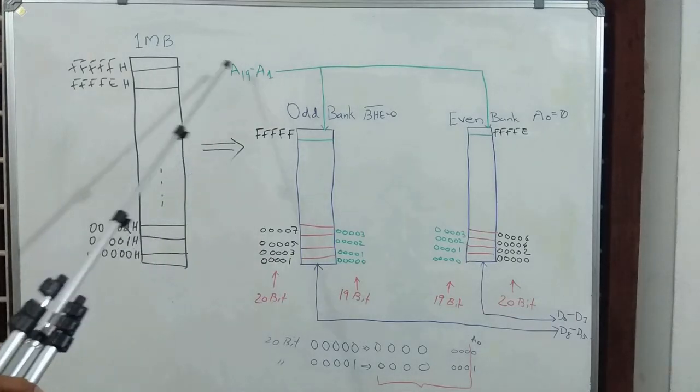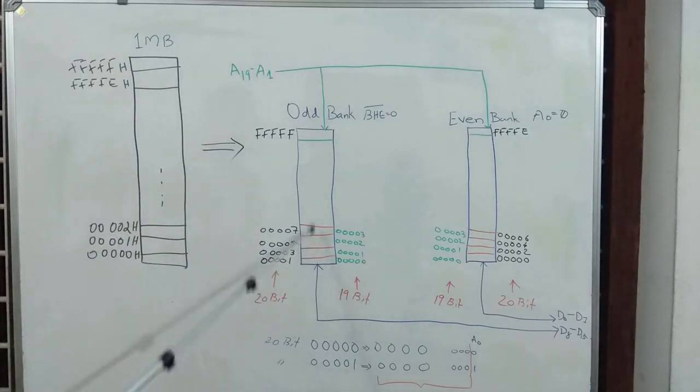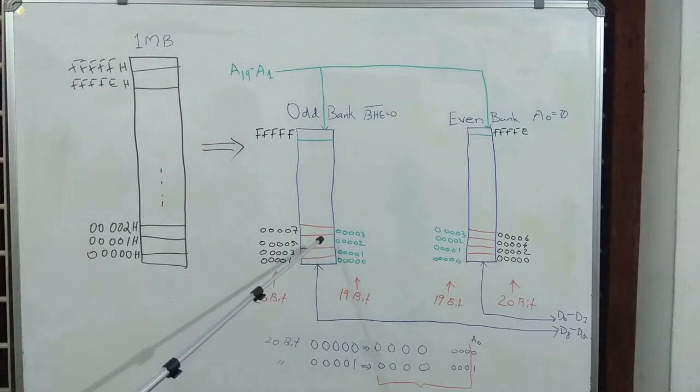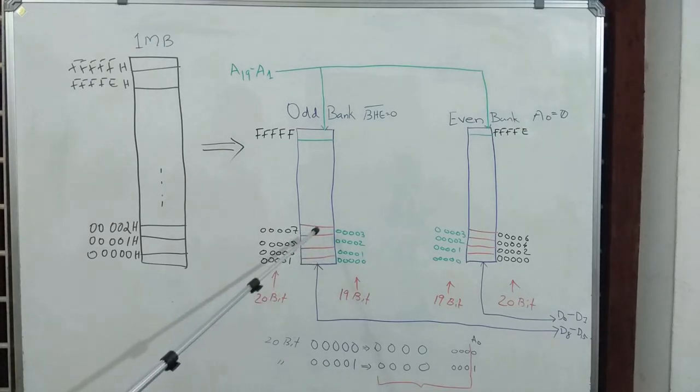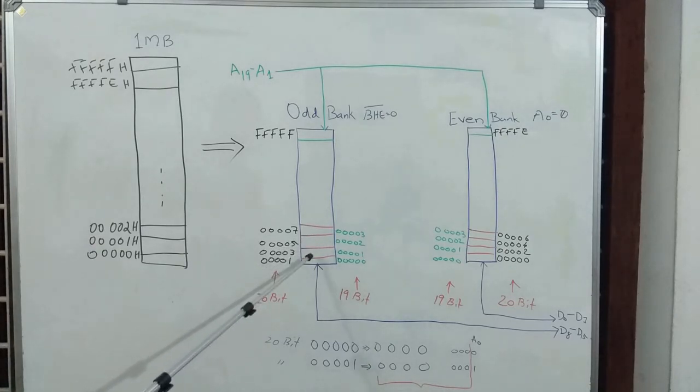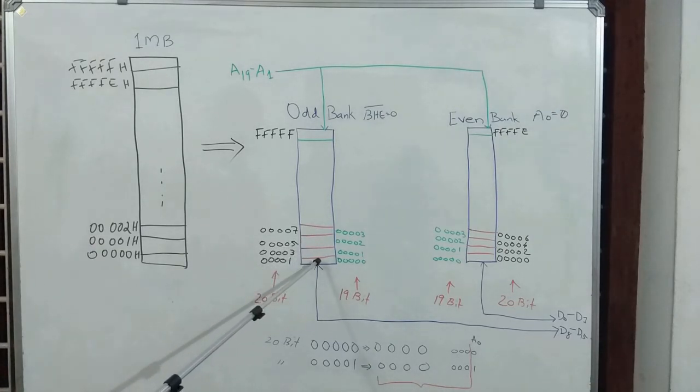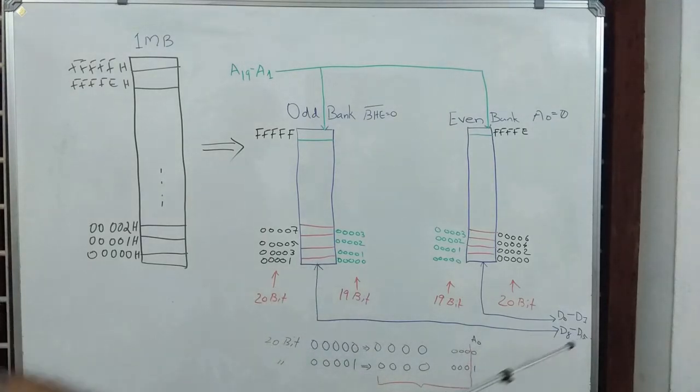Using A1 to A19, it will select one of these locations, or it will select an odd address IO device, a memory mapped IO device, and the data from the memory location or IO device will be appearing on D8 to D15.